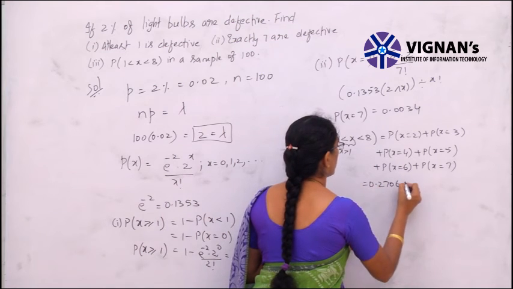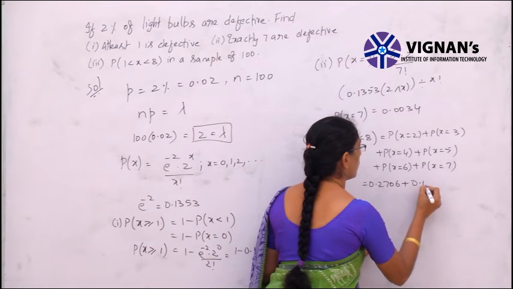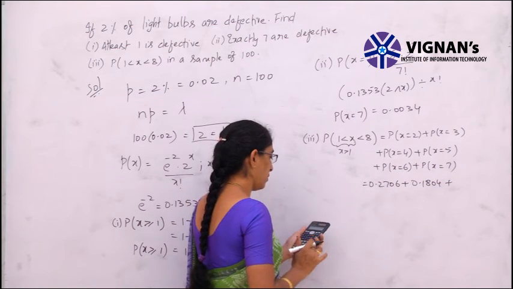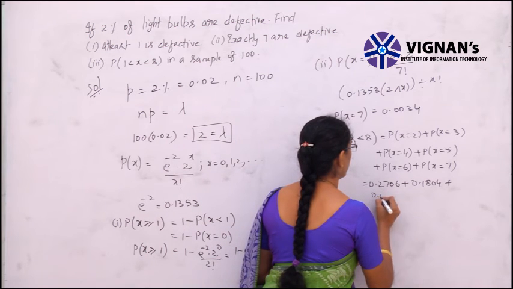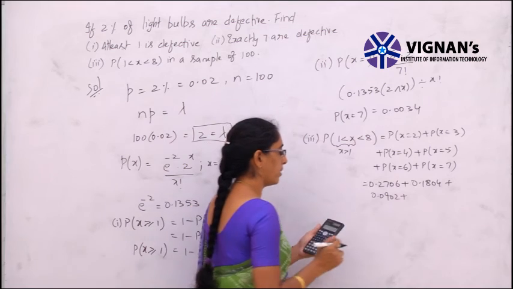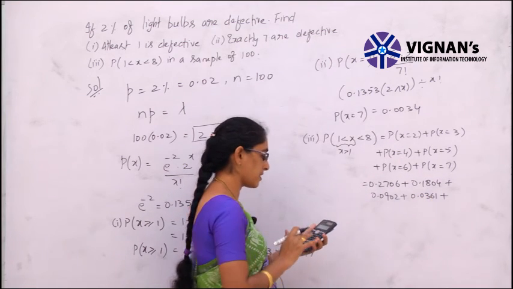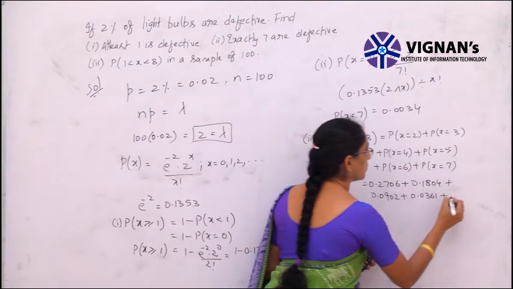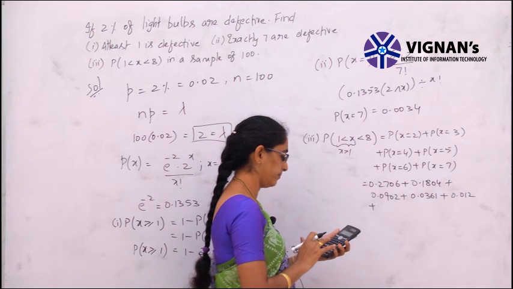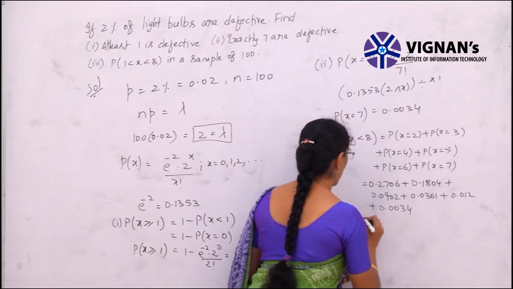It is 0.2706, plus give the value 3, 0.1804, plus give the value 4, 0.0902, plus give the value 5, 0.0361, plus give the value 6, 0.012, plus give the value 7, plus 0.0034.